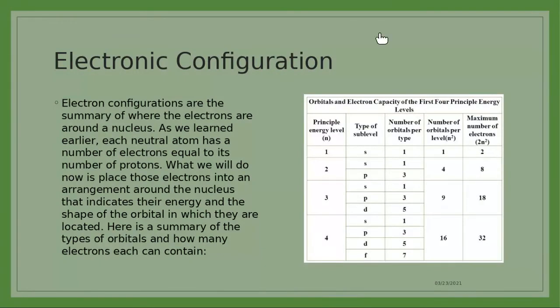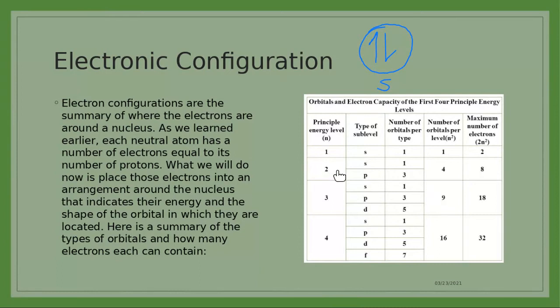What does it mean? For example, here is the orbital. This is only the s orbital, and the s orbital has a maximum of only 2 electrons. Don't forget that.